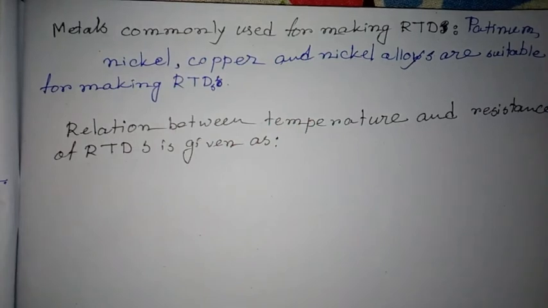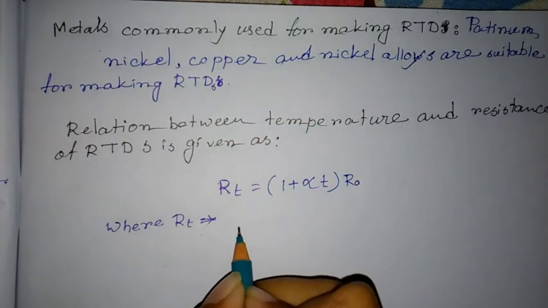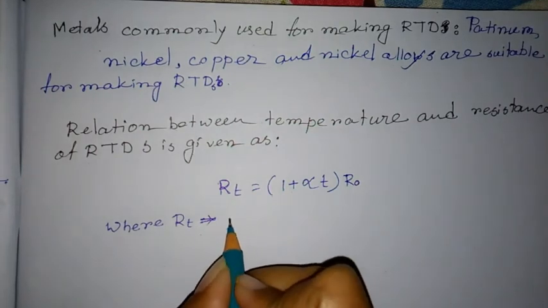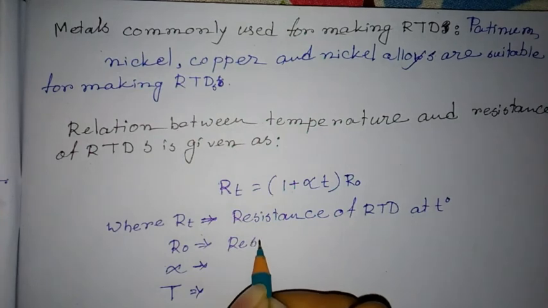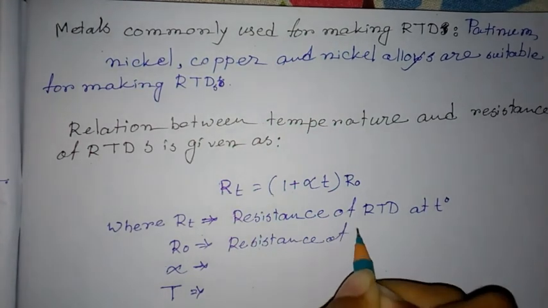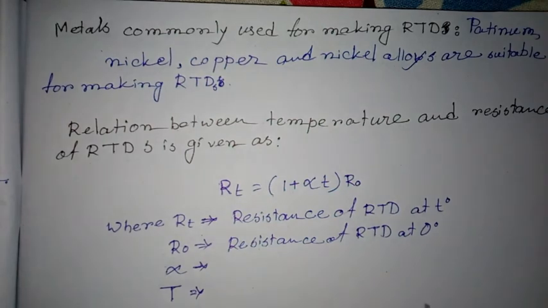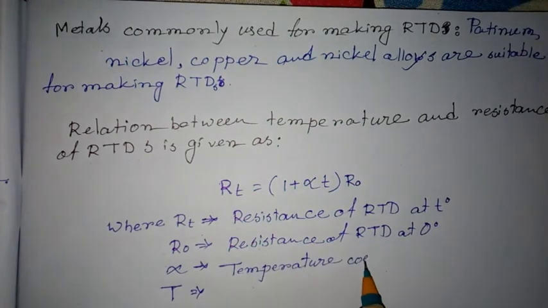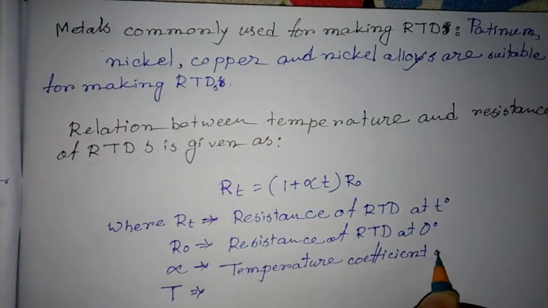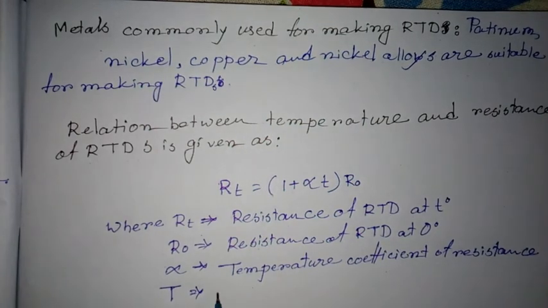The relation between temperature and resistance of an RTD is given as RT = R0 (1 + alpha T), where RT is the resistance of the RTD at T degrees, R0 is the resistance of the RTD at 0 degrees, alpha is the temperature coefficient of resistance, and T is the temperature.